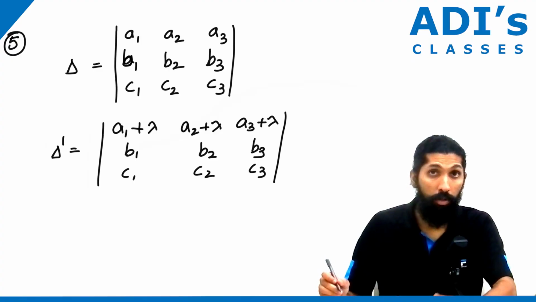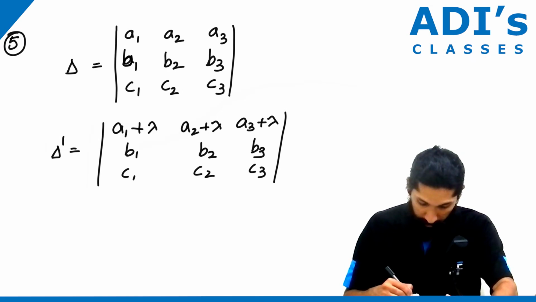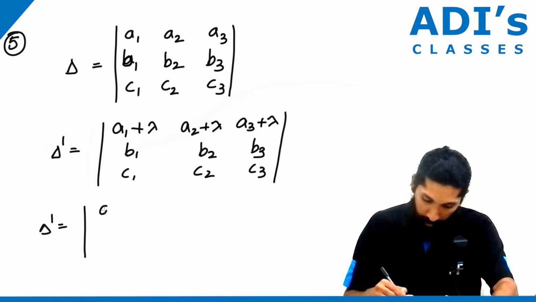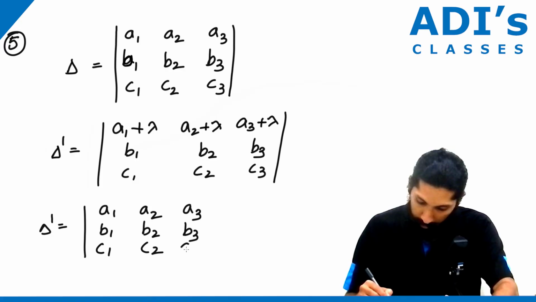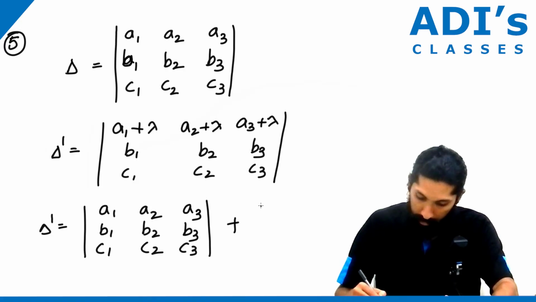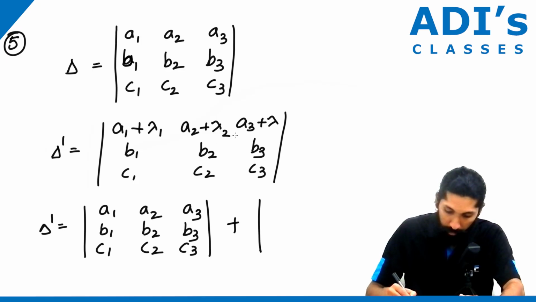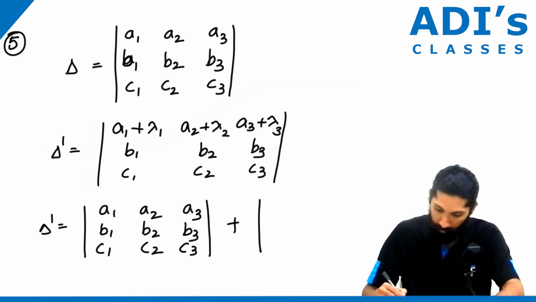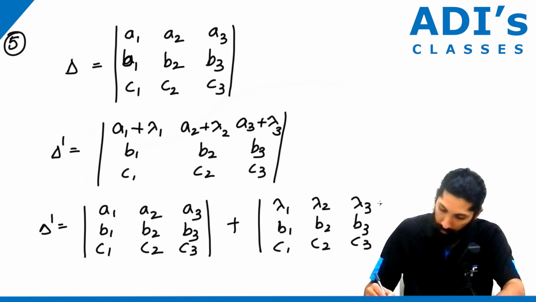What the property says is that you can split the determinant. Delta dash becomes the determinant with A1, A2, A3, B1, B2, B3, C1, C2, C3, plus a second determinant with lambda 1, lambda 2, lambda 3, B1, B2, B3, C1, C2, C3.